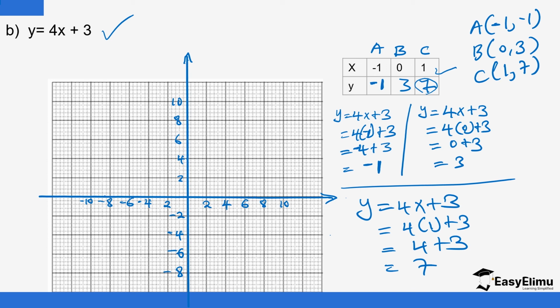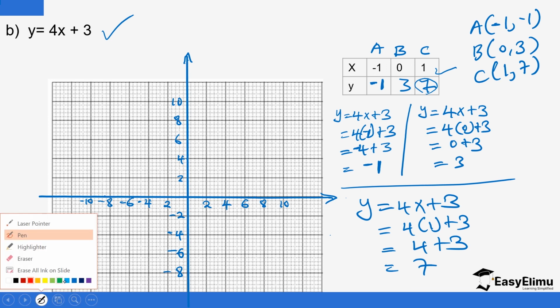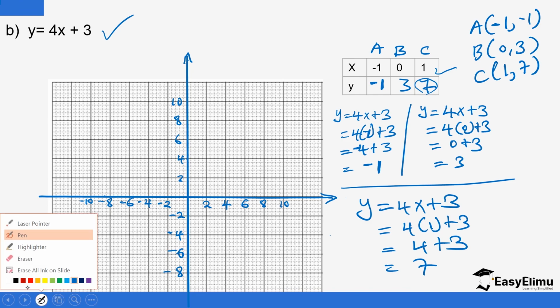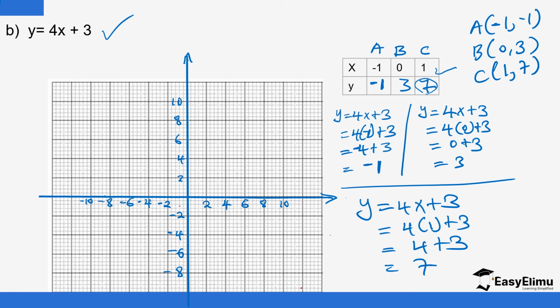So -1. But this is also -2. So -1, -1 is here. Then 0, 3 is here. Then 1, 7 is here.